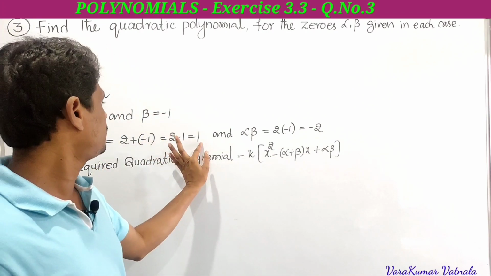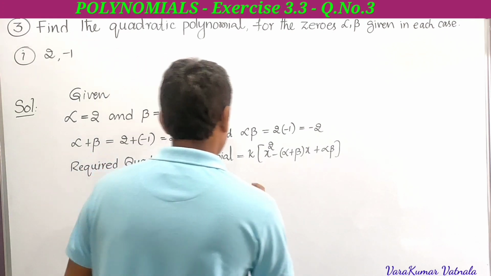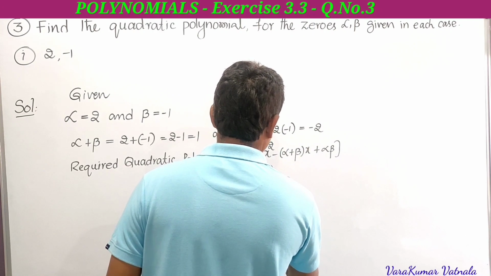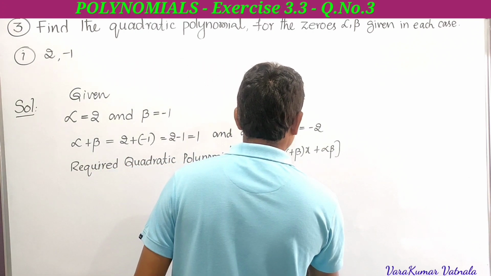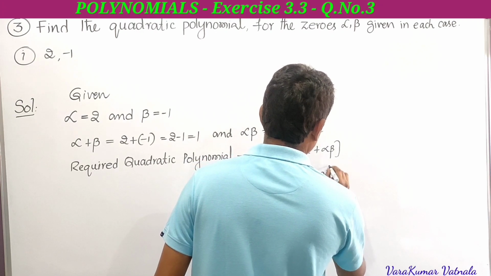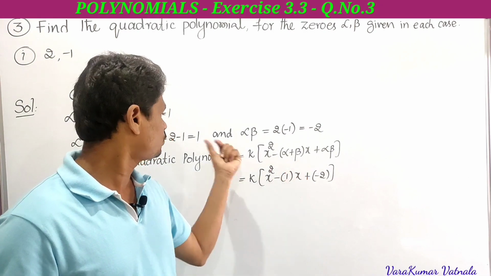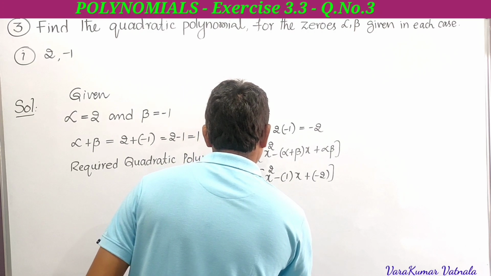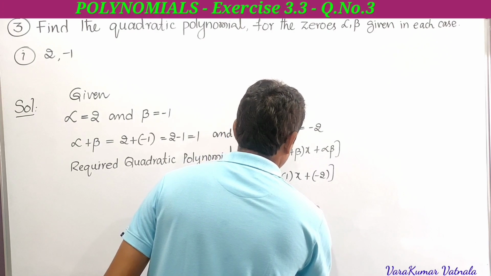We have alpha plus beta is 1, alpha into beta is minus 2. We have to substitute in the formula. So that is k into x square minus 1 into x plus minus 2. Now I have to simplify it. k into x square minus x minus 2.